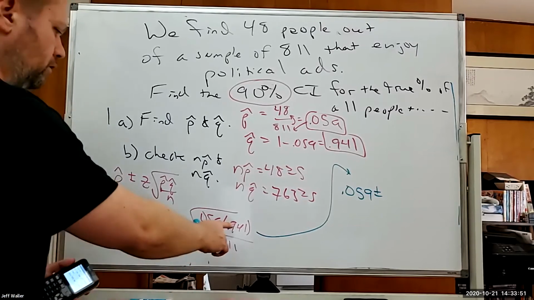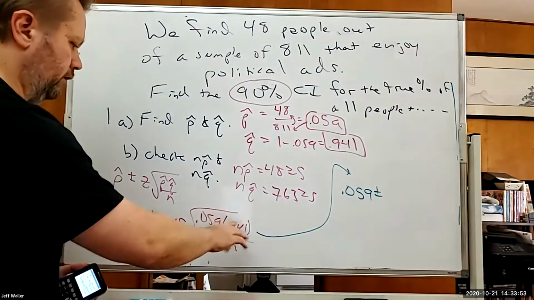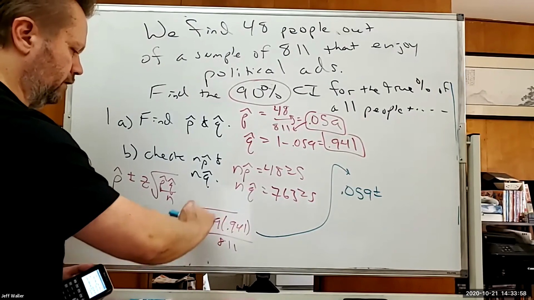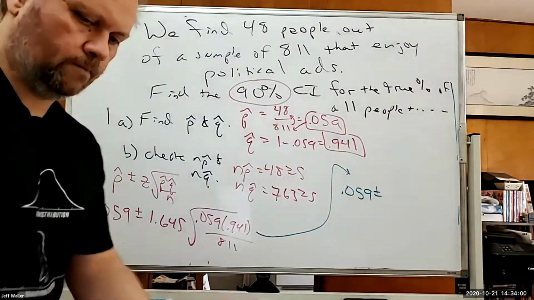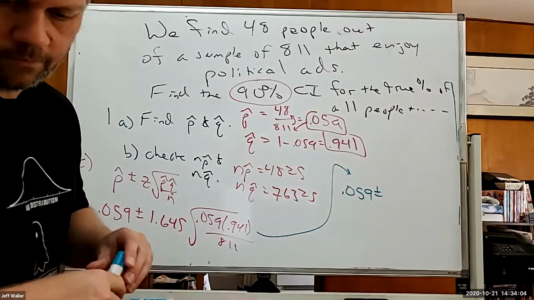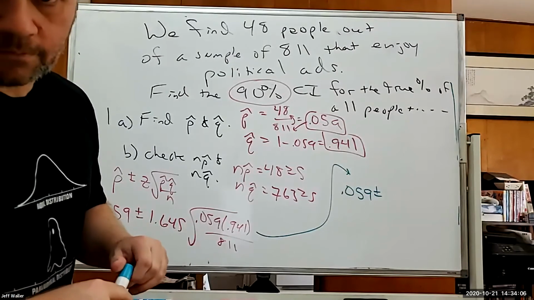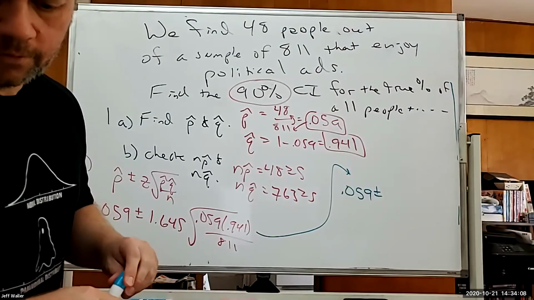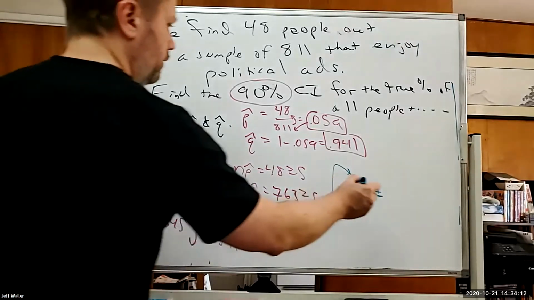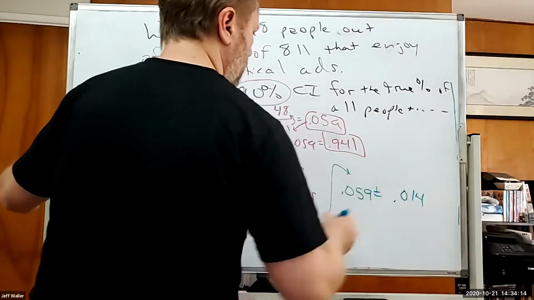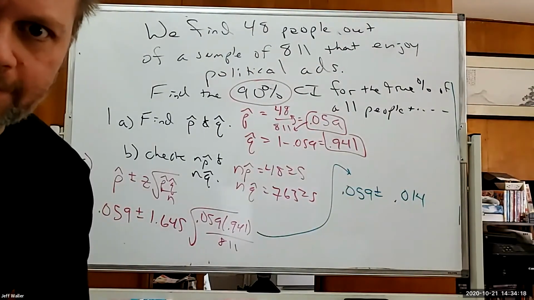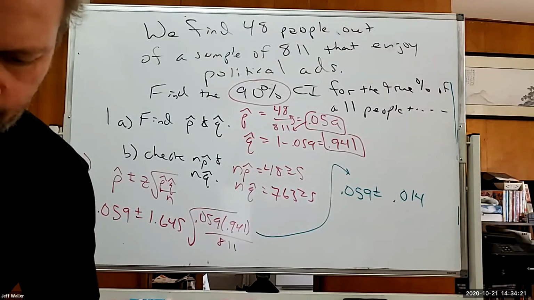When you do this, make sure all of this is in the square root, right? That's where people make some mistakes. All of this has got to be in the square root. So I get 0.014 roughly. Like 0.0136 blah, blah, blah. Is that what you guys get? Yeah.